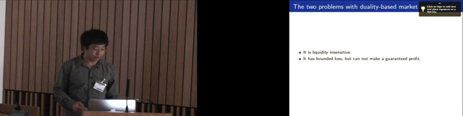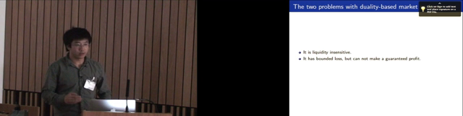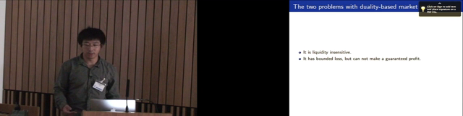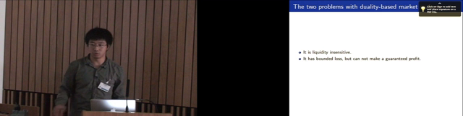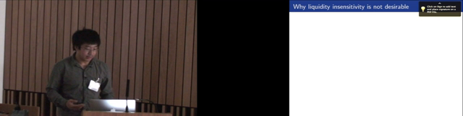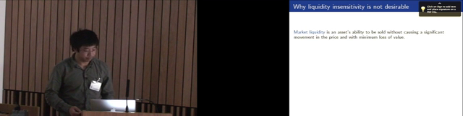And although it has bounded loss, it cannot make a guaranteed profit. Actually, if the event happens where the most amount of the security is sold, then the duality-based market maker will always lose or draw even. So why is liquidity insensitivity not desirable?